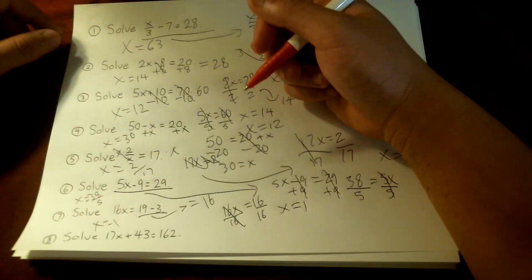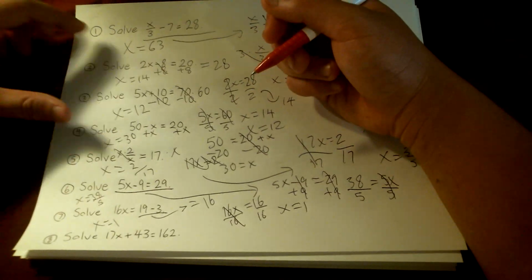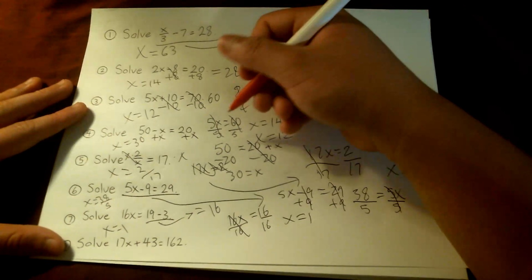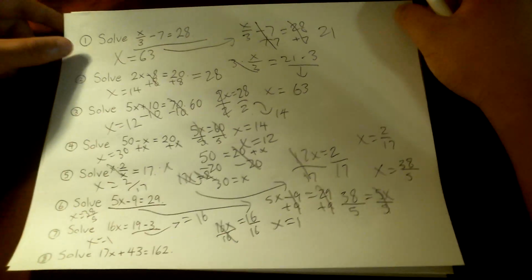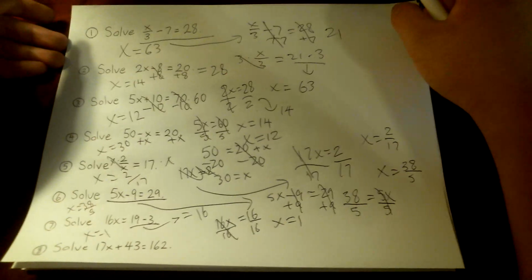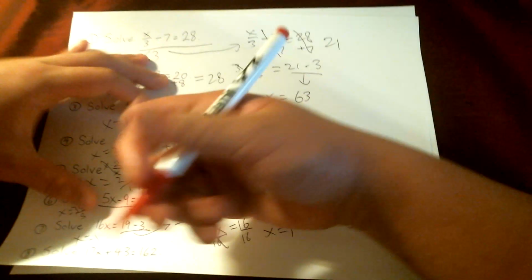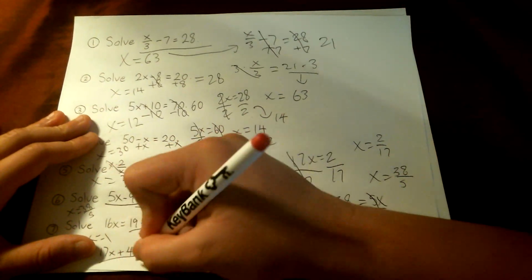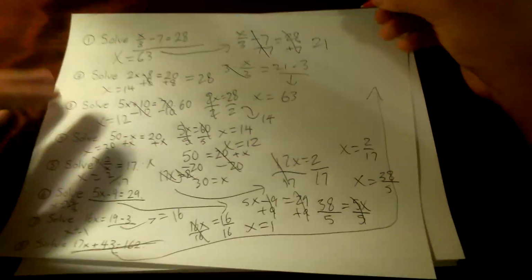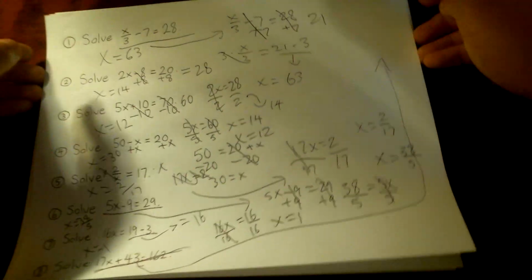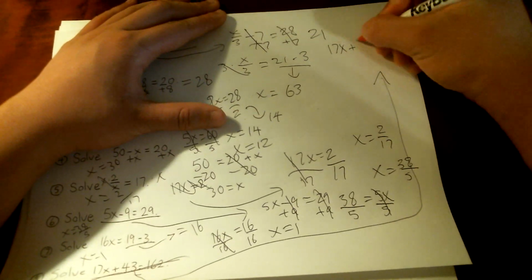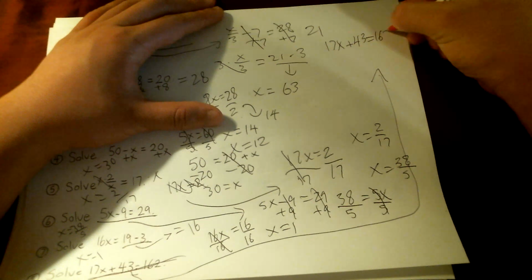Right, and then for the last one, that one asks to solve 17x plus 43 equals 162. This one has high numerical value, but we would still use the same process to solve that. So 17x plus 43 equals 162.